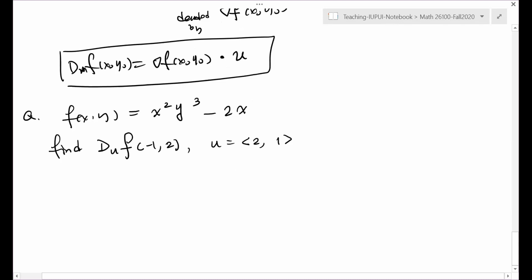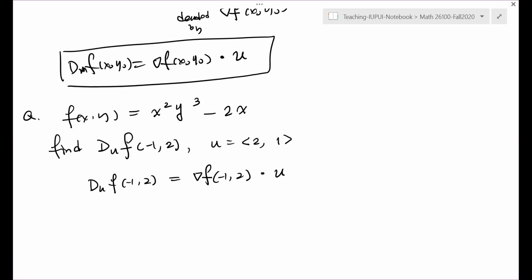All I have to do is find the gradient. First, you write down the formula: the gradient of f at the point, dot product with u. So you just need to find the gradient. Vector u has components 2 and 1.